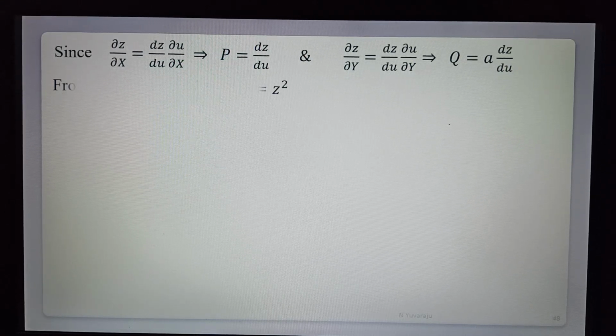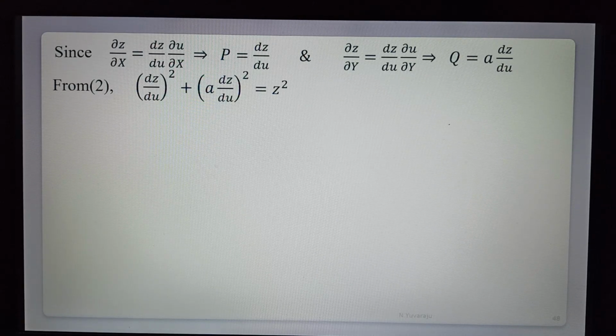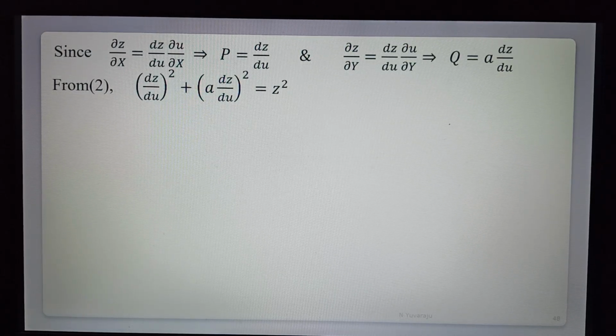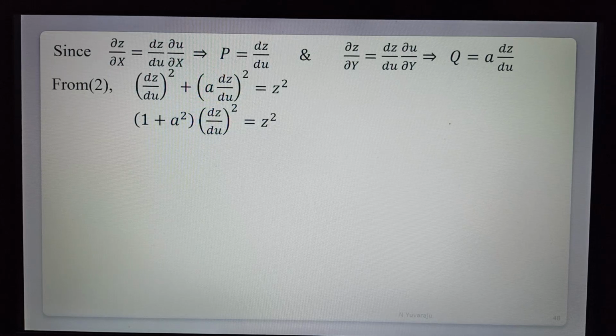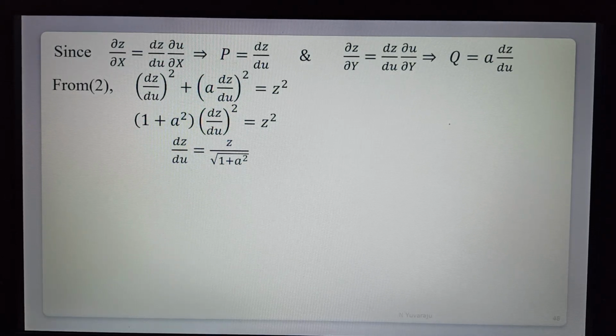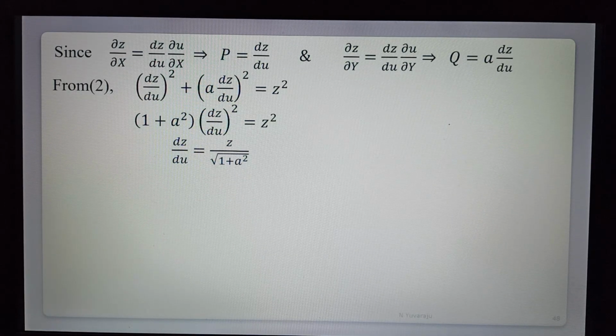Substituting in equation 2, (dz by du) whole square plus (a dz by du) whole square is equal to z square. Now take (dz by du) whole square common: 1 plus a square is equal to z square.